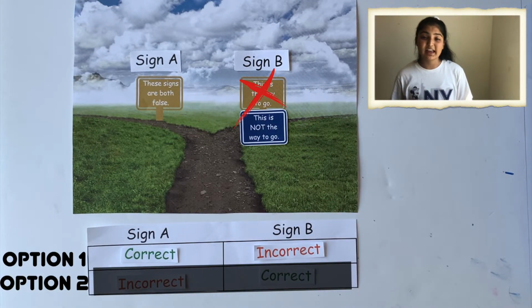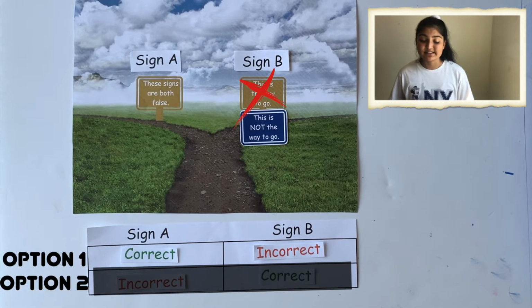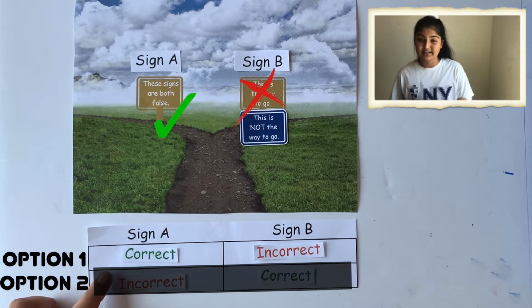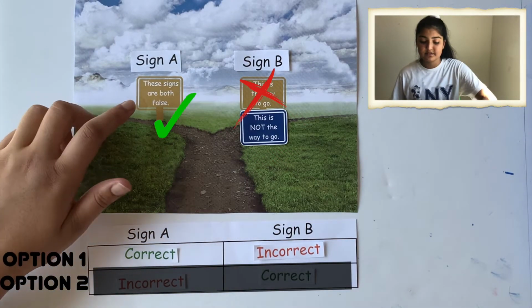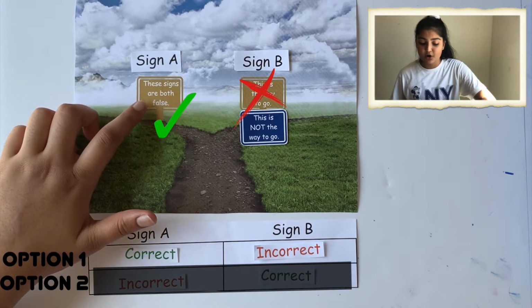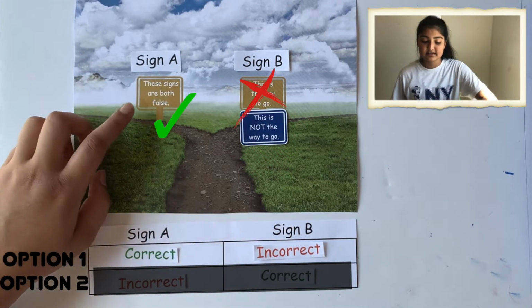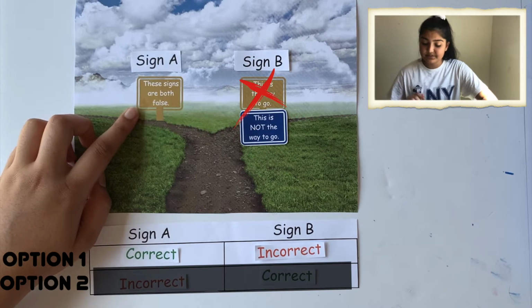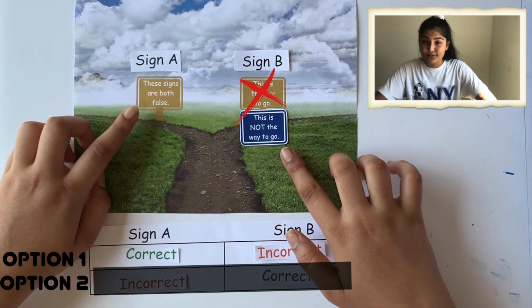Now let's look at sign A. We assumed sign A is correct. And sign A says, "These signs are both false," meaning sign A and sign B are both false.